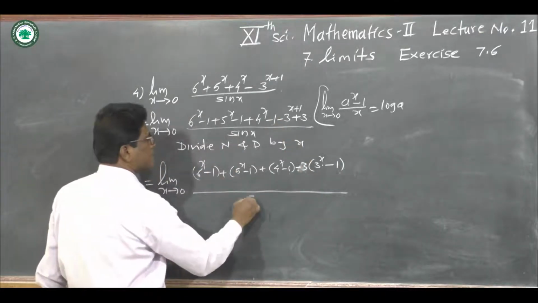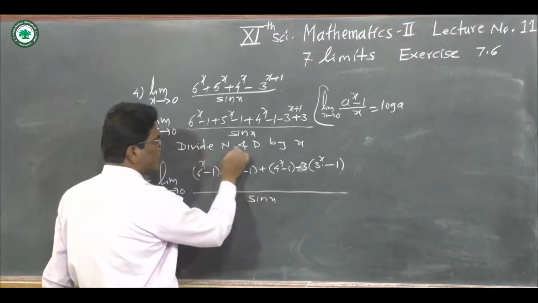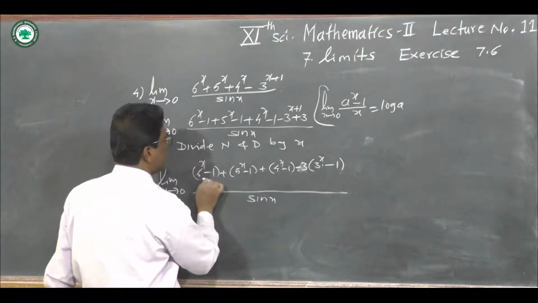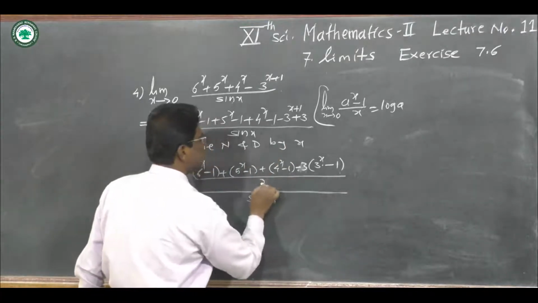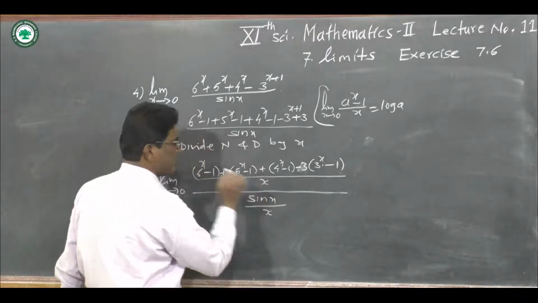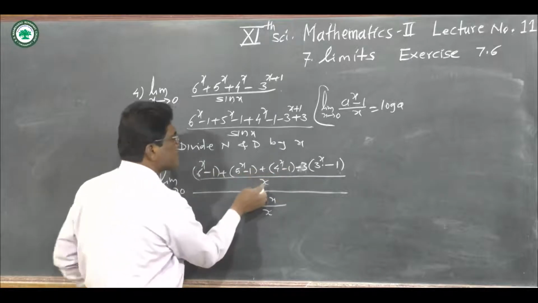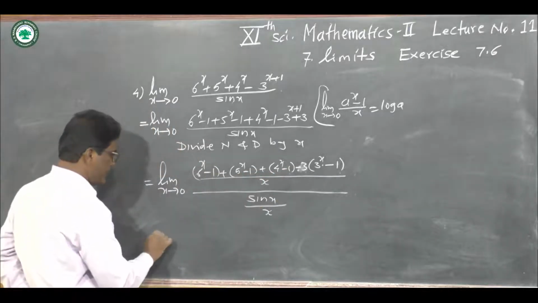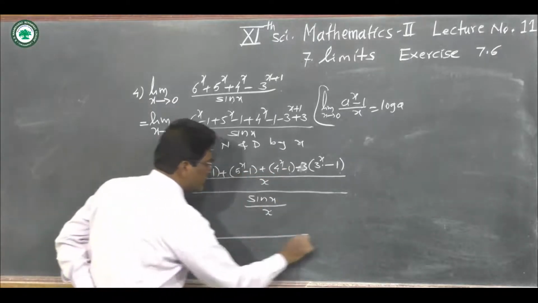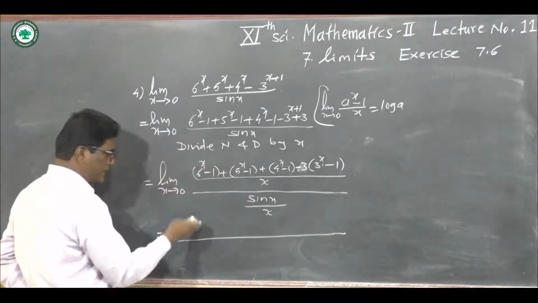And the denominator here is sin x. Now we divide numerator and denominator by x. In the numerator, divide every term separately by x. So we get limit as x tends to 0, and we separate the limit to numerator and denominator also.